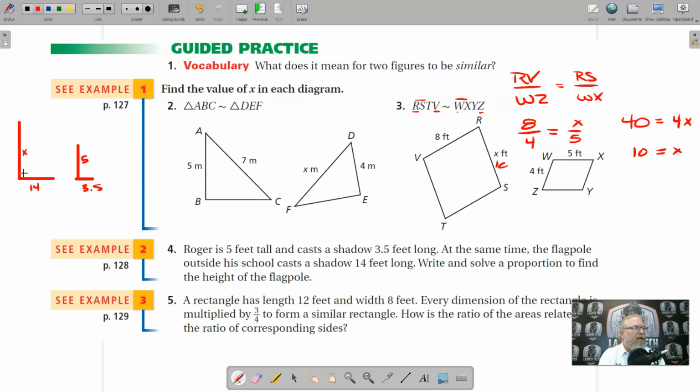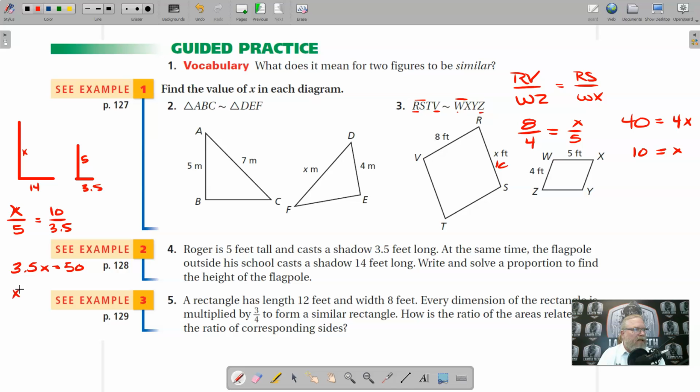So the height of the flagpole, x, is to the height of the man, 5, as the shadow of the flagpole, 14, is to the shadow of the man, 3.5. So we would do cross products. We'd have 3.5x equals 70.